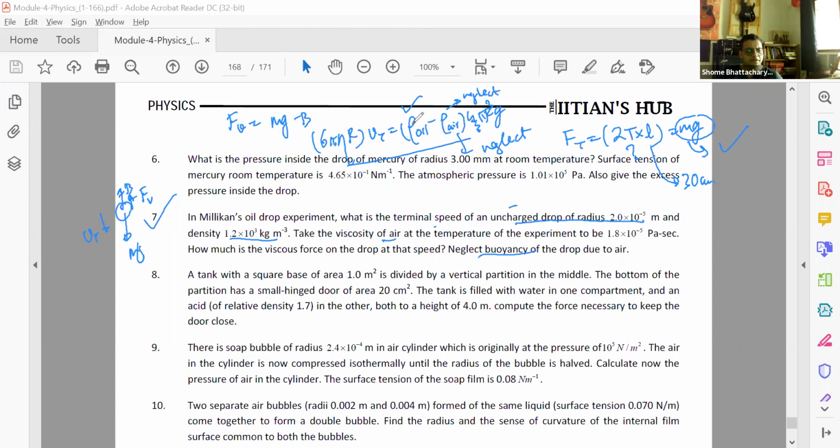Now let's move on to the 8th question. A tank with a square base is divided by a vertical partition in the middle. The bottom of the partition has a small hinge door of this much area. The tank is filled with water in one compartment and an acid of relative density on the other. Compute the force necessary to keep the door closed.